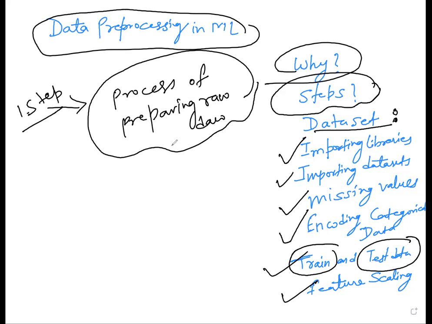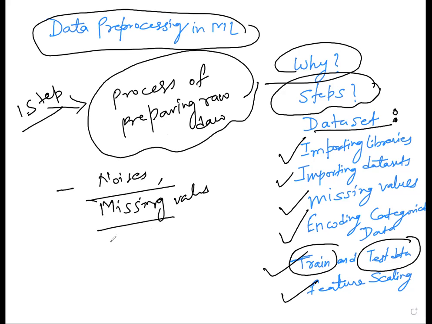Okay, so in general what we can say is the data contains so many noises, missing values. So what data sets in general contain is noises, missing values, maybe some unusable format, we can say unusual format.